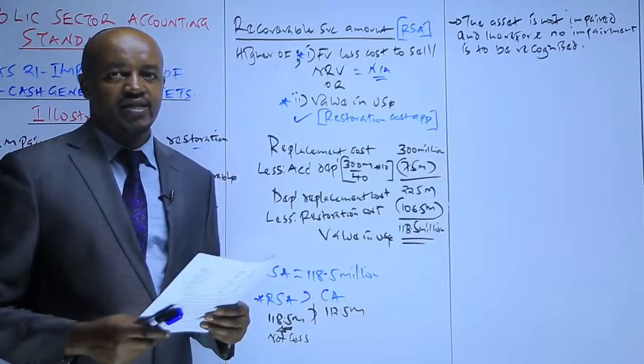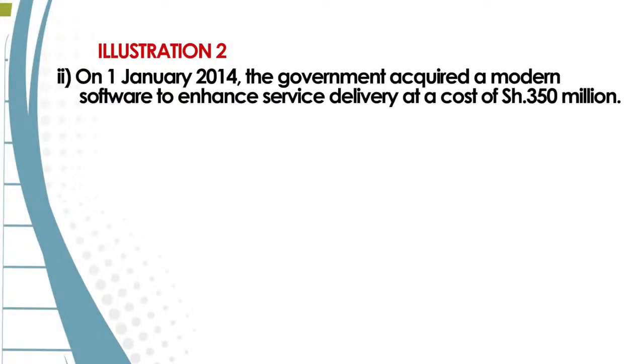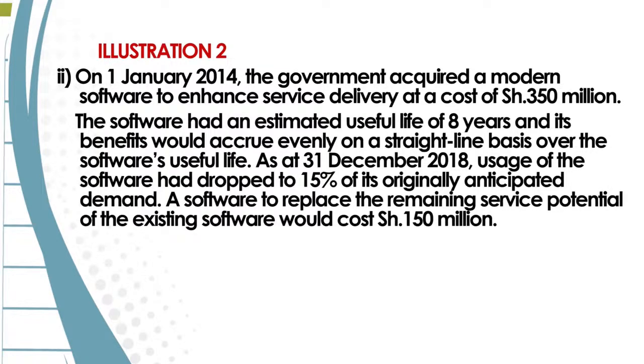So let's move to the other illustration, and it reads: on 1st of January 2014, the government acquired a modern software to enhance service delivery at a cost of 350 billion. The software had an estimated useful life of 8 years, and its benefits would accrue evenly on a straight line basis over the software's useful life.